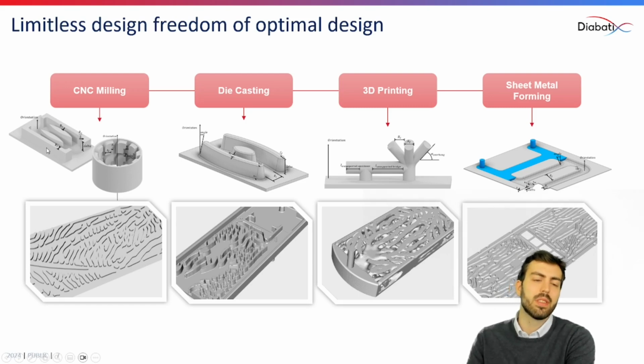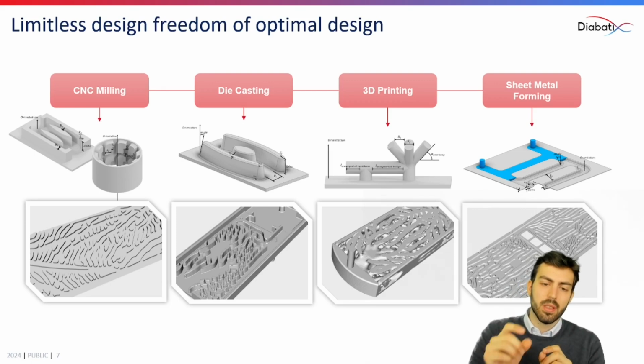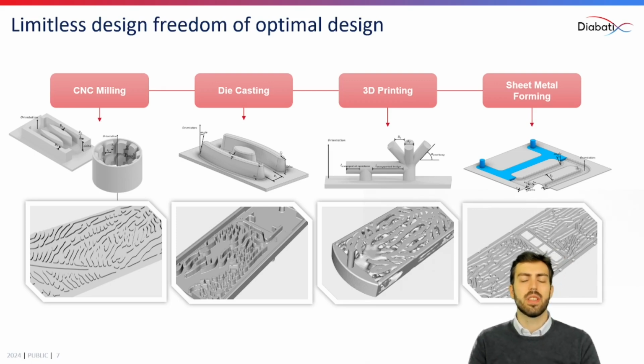For example, in CNC, you can set the minimal feature size, the minimal angle that your CNC can make. You can also set the spacing between your design, for example, fins and so forth. So you have real control over the manufacturing process, and you can give this as a constraint. As you can see here, the design will look different if you have different manufacturing settings.